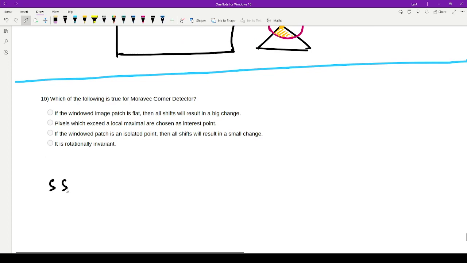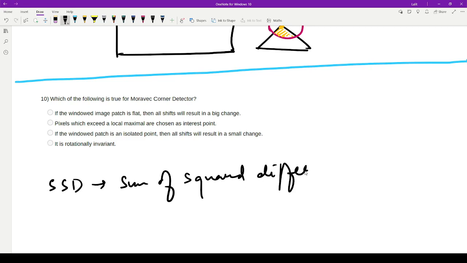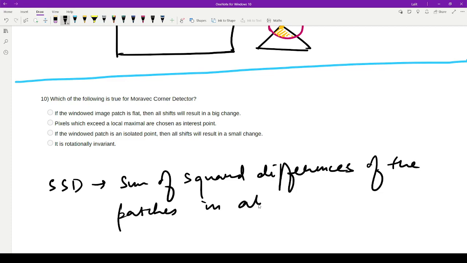So it uses the sum of square differences of the patches in all the principal directions.